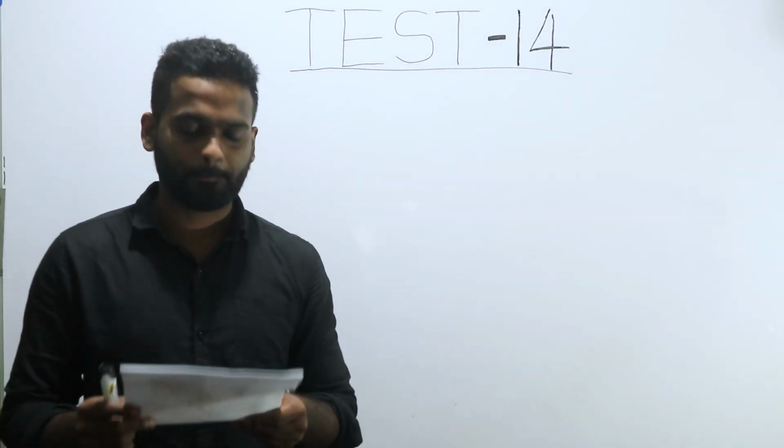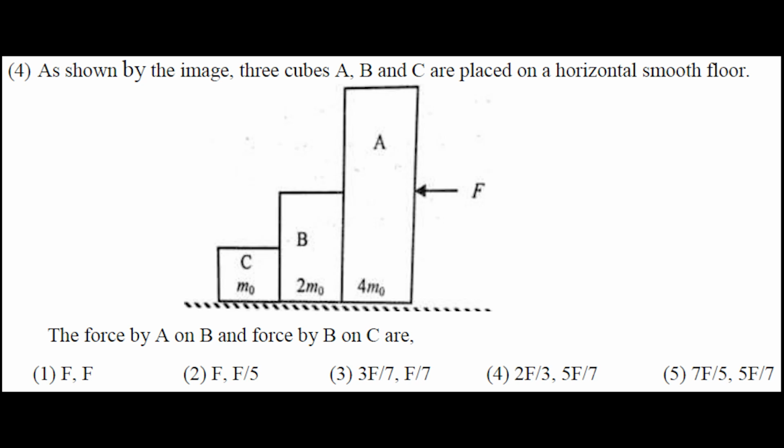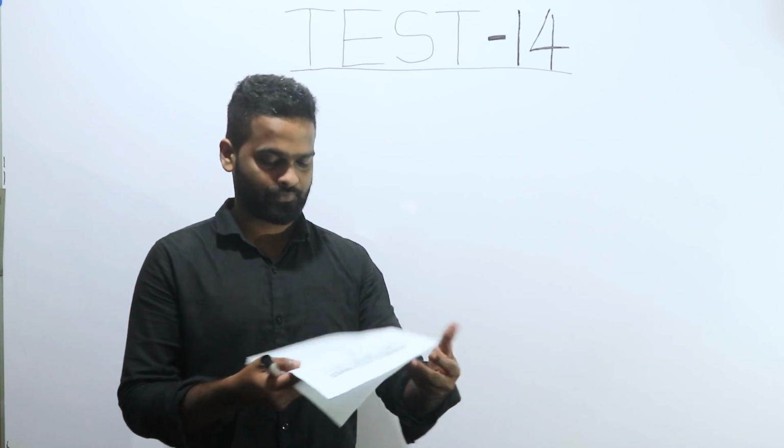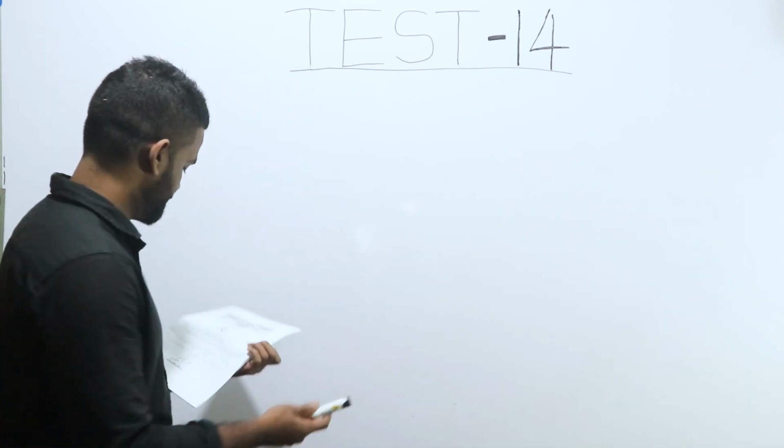Okay, fourth question. As shown by the image, 3 cubes A, B and C are placed on a horizontal smooth floor. So what they ask is the force by A on B and force by B on C. First, I'll just draw the sketch.